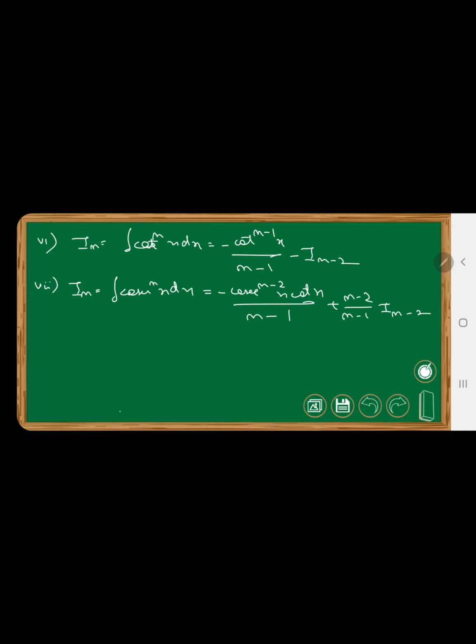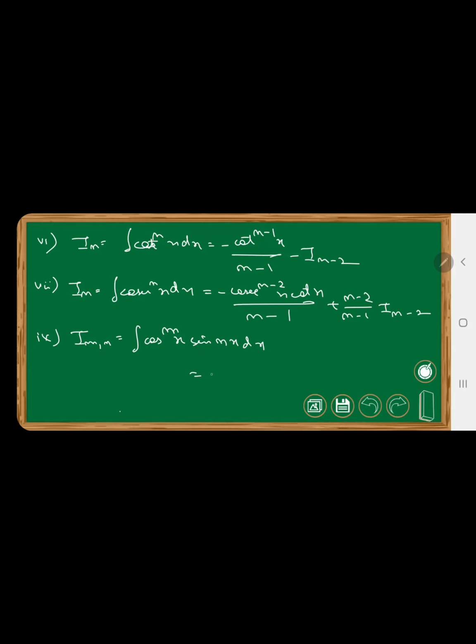Clear up till this much? Okay, so this is actually a very hazardous process, you need to go on and on writing these all. And there is one more, which is given as I_(m,n), the integral of cos^m x and sine of multiple angle nx. The n is multiplied with the angle.